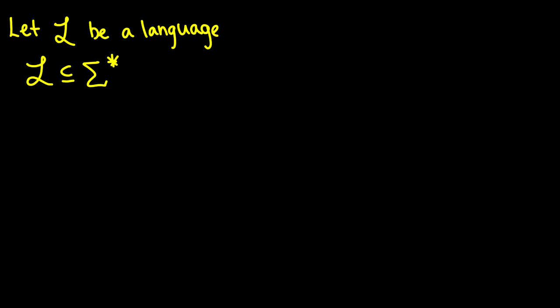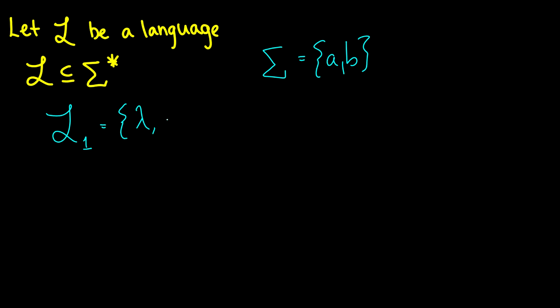Let sigma equal just A and B. Say I want my first language to be either the empty string or anything that starts with an A. In fact, it has to start with an A. That's the only restriction. It can be whatever it wants, but it has to start with an A. And this will go on forever.